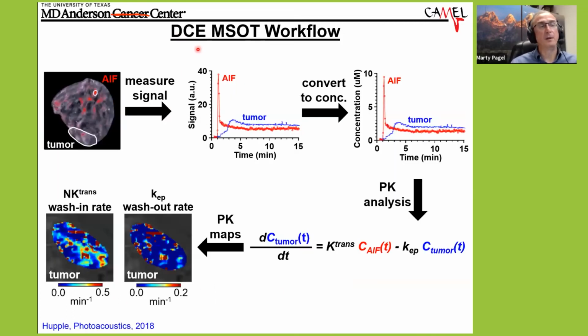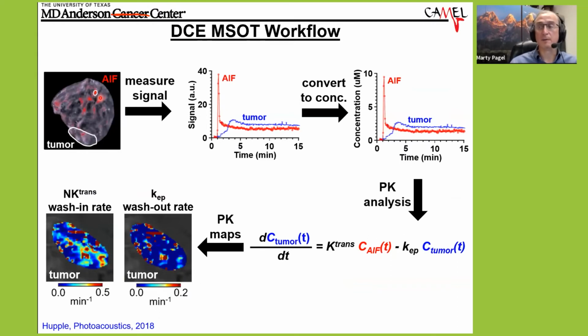Well, here's an example of dynamic contrast enhancement MSOT, where we're actually able to quantitatively measure vascular perfusion in these tumor models. And here's a tumor along with a blood vessel, also known as an arterial input function. We can find this blood vessel extremely easily with MSOT because the machine is very good at detecting hemoglobin.